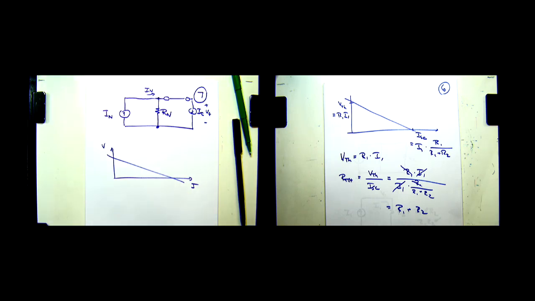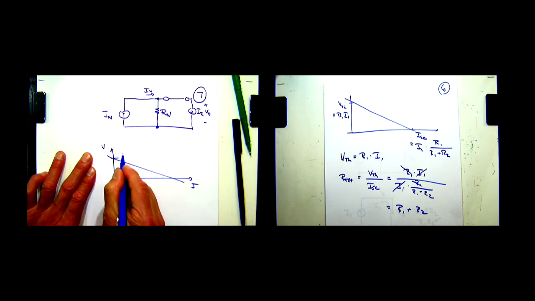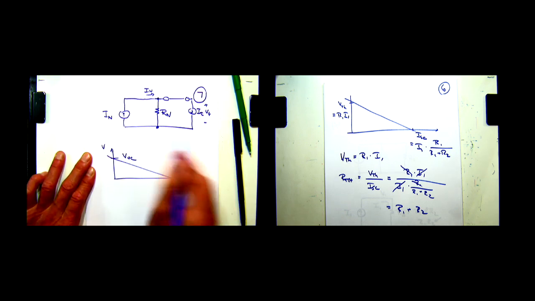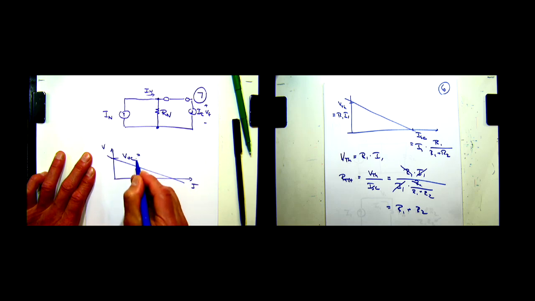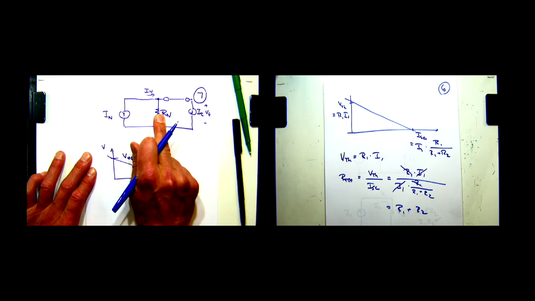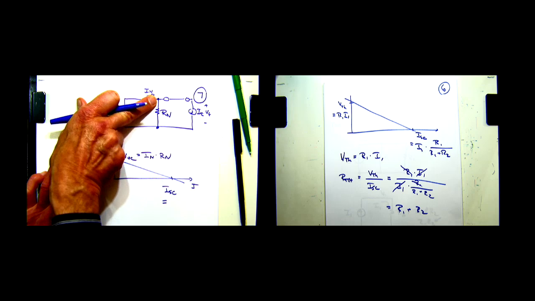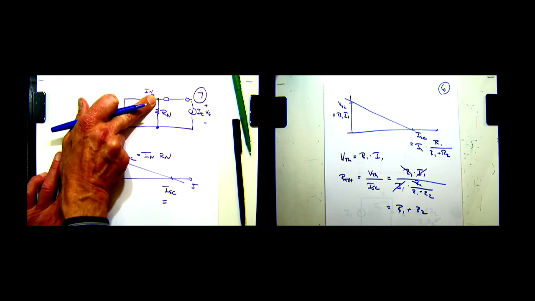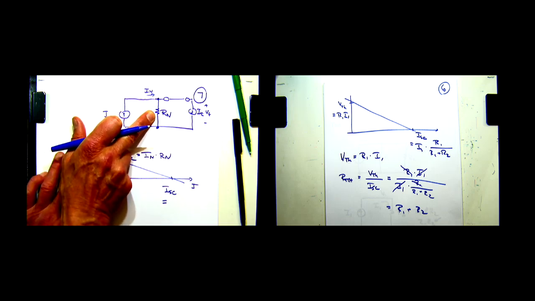So now we have made another source, and you can calculate what VOC is. Well, we have nothing over there, there's no current flowing here. So VOC is going to be IN times Rn. And I short circuit, well, there is a short circuit over here now. The current IN arrives at this junction. It can go either through the resistor Rn, or it could also go through the short circuit. What's easier for the current?